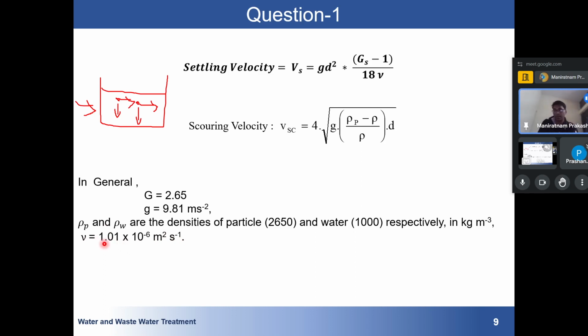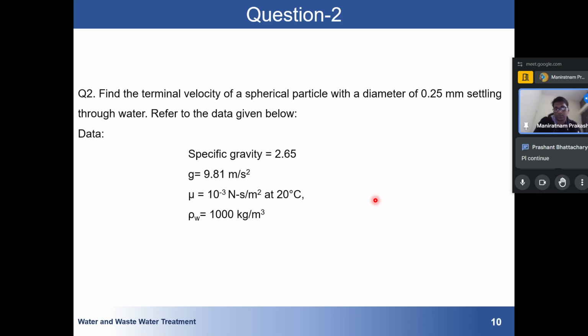You can put in the value if you know the diameter of your particle, and find what the scouring velocity and the settling velocity should be.